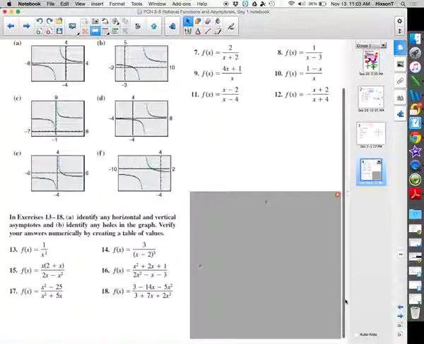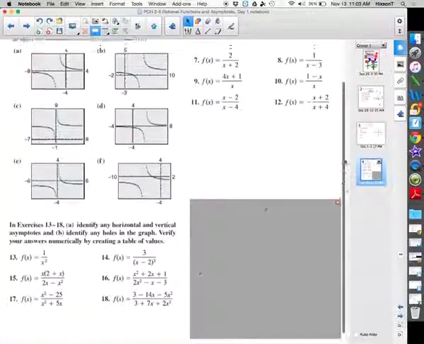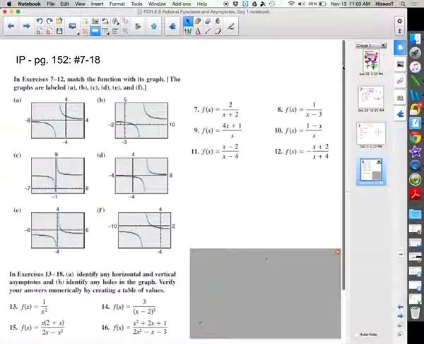Identify horizontal and vertical asymptotes, identify the holes in the graph, okay? And then, rather than using a table even, you could use your graphing calculator to verify, okay? Alright, so, that's it for today.